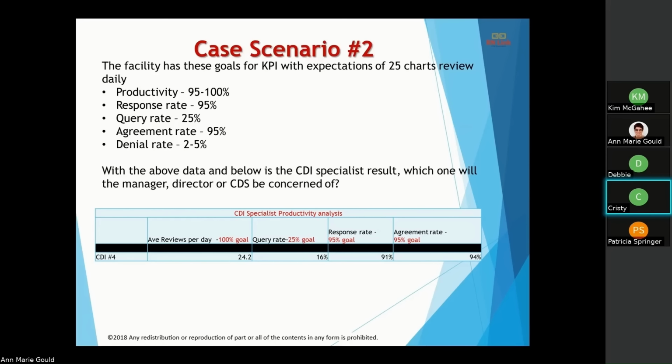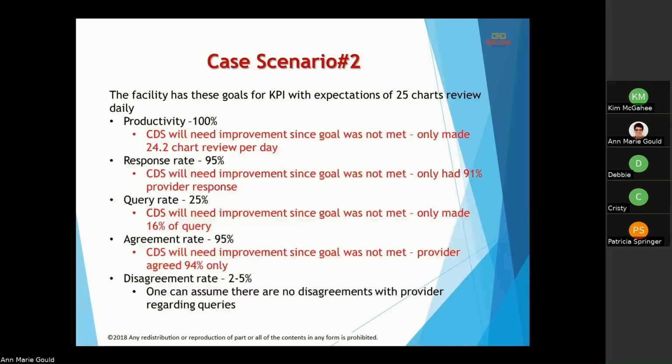But in this particular case, it is all services. So this is just what I discussed about what needs to be done, or why it is supposed to be looked at by the director, manager, or the CDS.